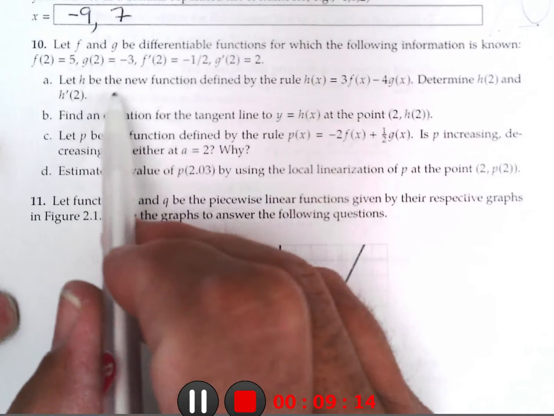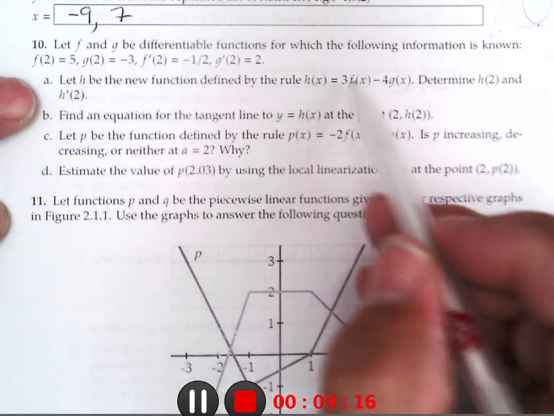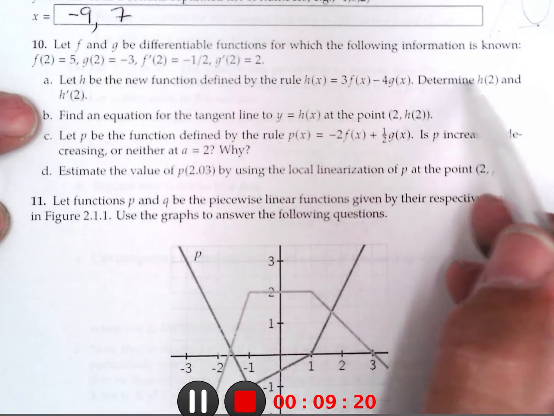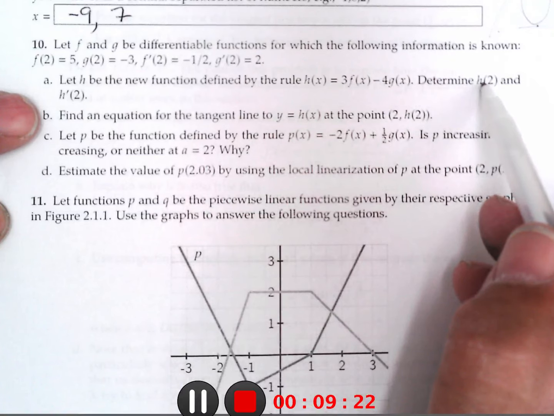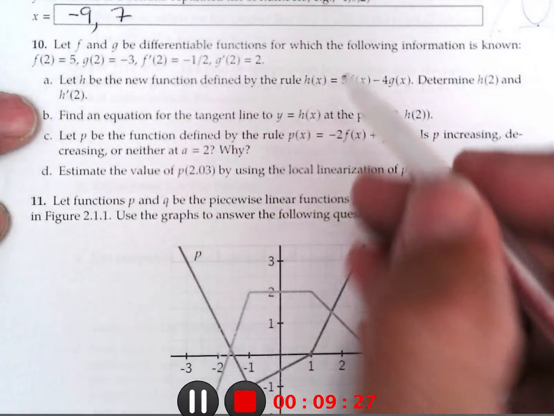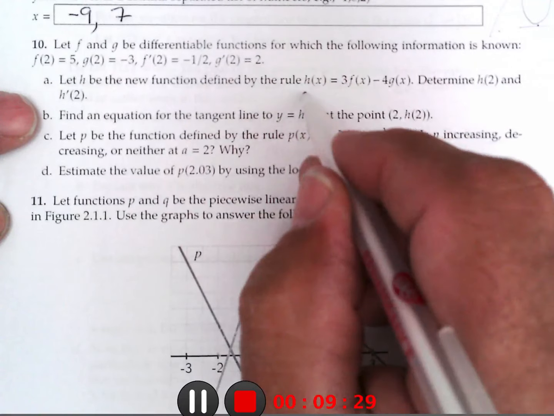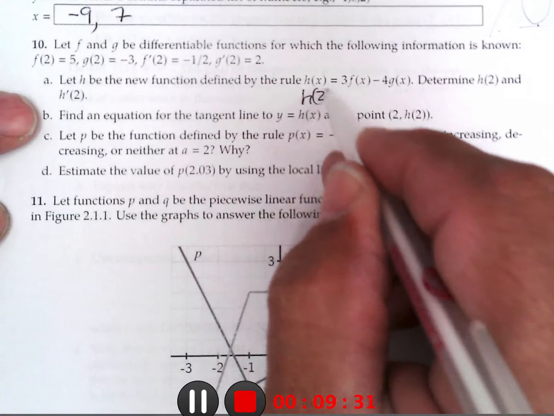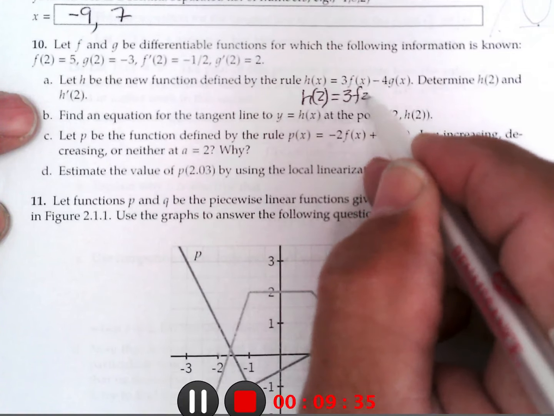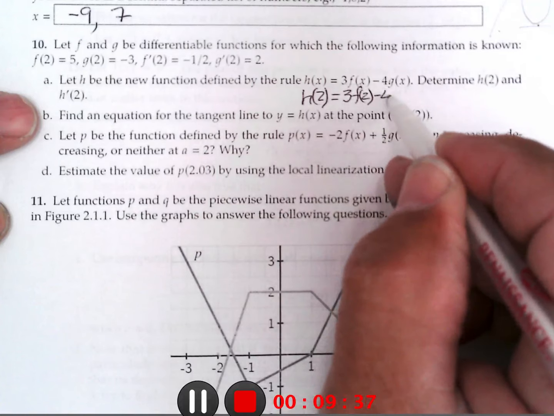Let h be a new function which is 3 times f of x minus 4 times g of x. Determine h of 2. Well, we know f of 2, we know g of 2, and so h of 2 would be 3 times f of 2 minus 4 times g of 2.